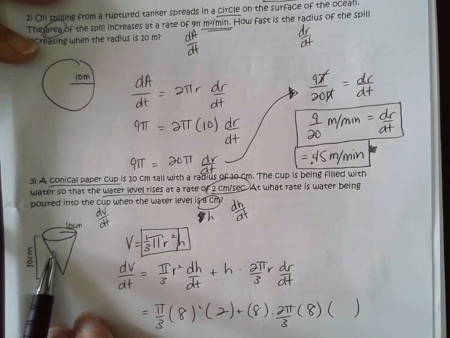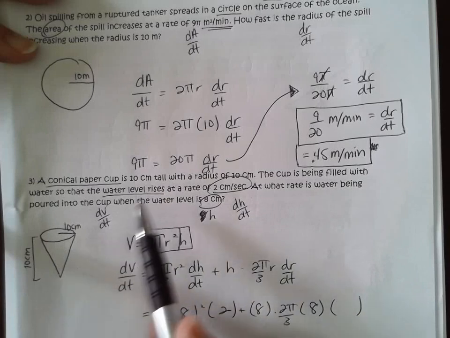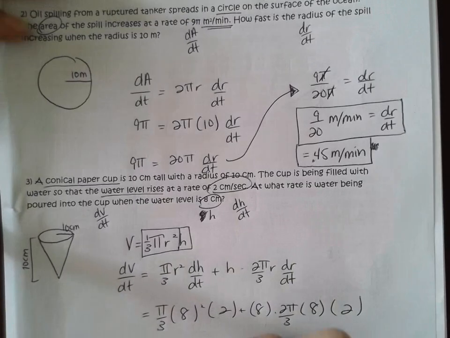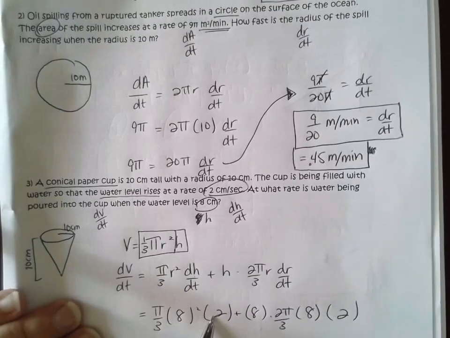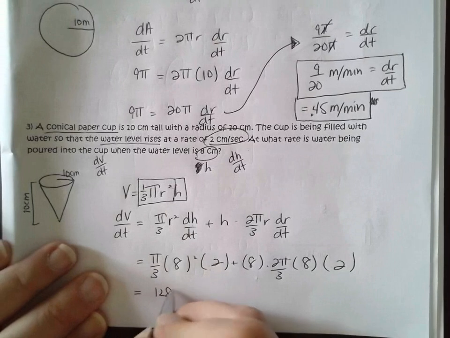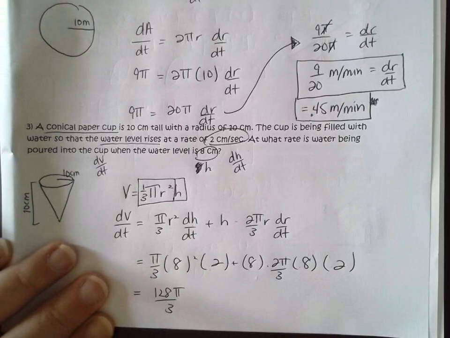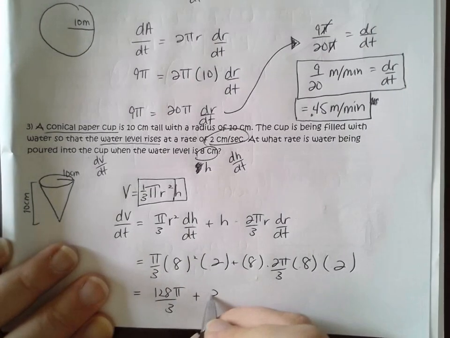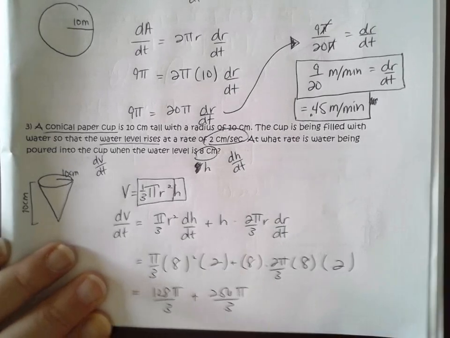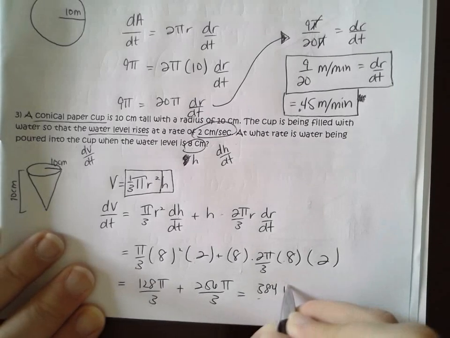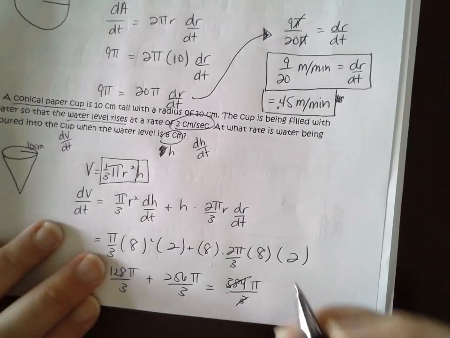This is not drawn to scale, but imagine an xy equation where the x's and the y's change at the same value, the same rate. So simplify what we have. 64 times 2 is 128. This becomes 64 times 4, 256. I knew that. They both have pi over 3, so I can put them together as 384. 384 is divisible by 3.